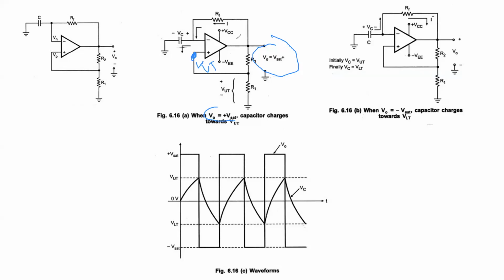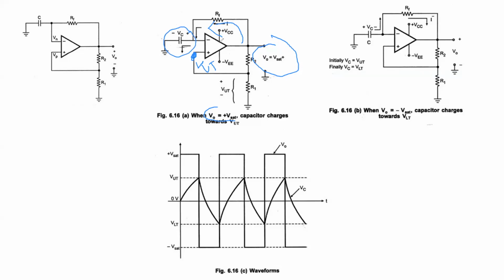Right. So whenever your output is plus V sat, the current flows like this, towards the low resistance point direction. So here the capacitor starts charging.